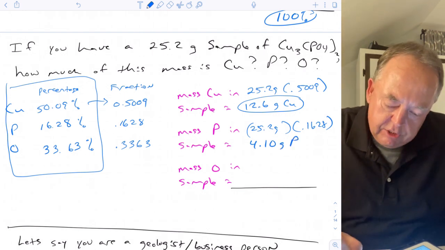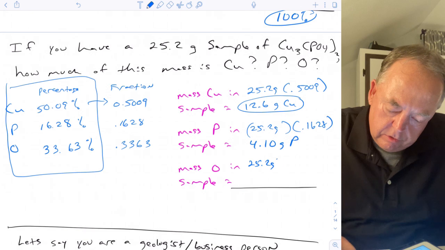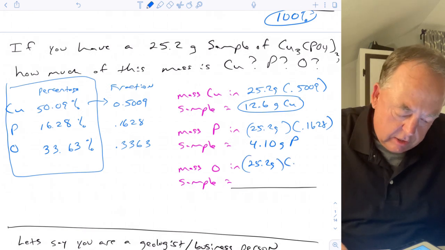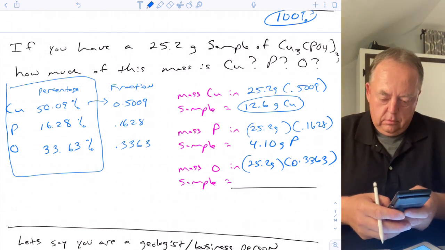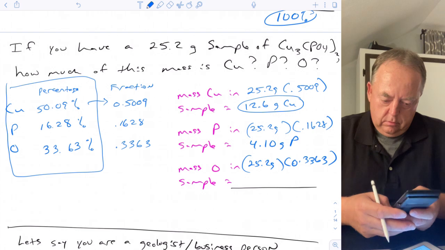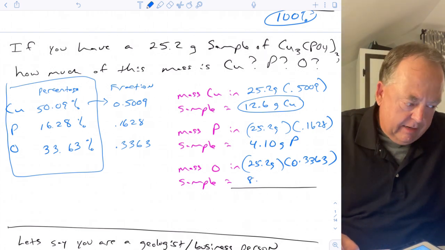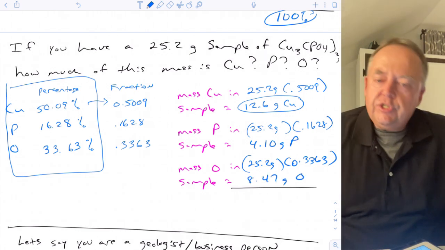And then the same for oxygen. Take what you started with, 25.2 grams, times the 0.3363. So that would be 8.47 grams of oxygen.